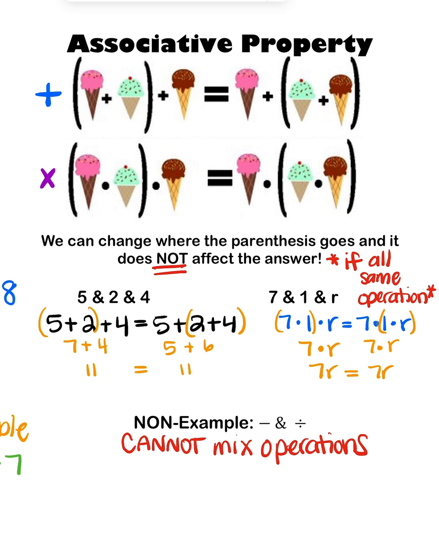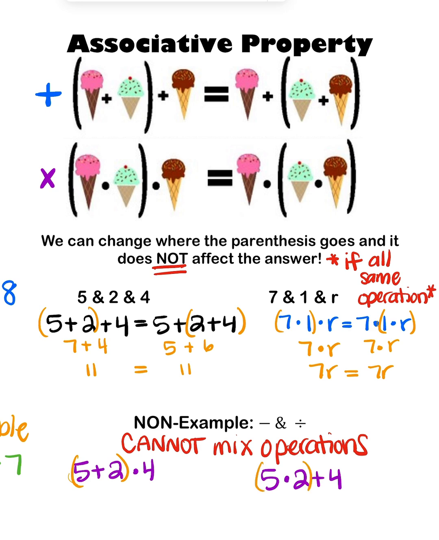So a non-example might be 5 plus 2 times 4. And in that 5 plus 2 is in parentheses. And then on the other side, we might say 5 times 2 plus 4. Again, the parentheses at the front there.